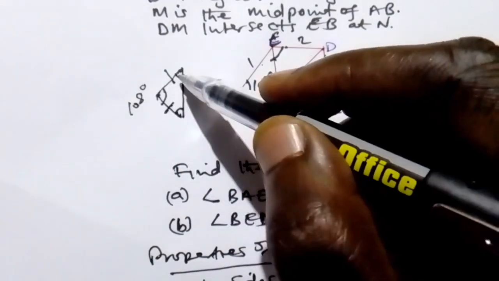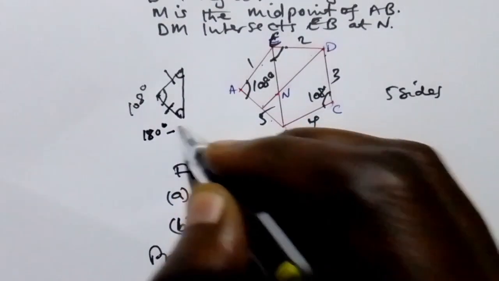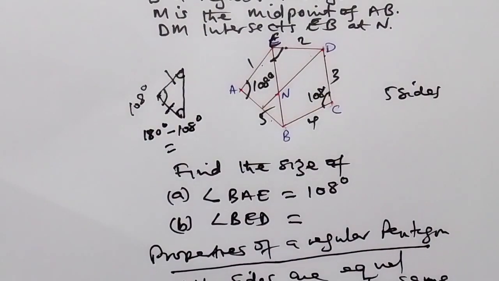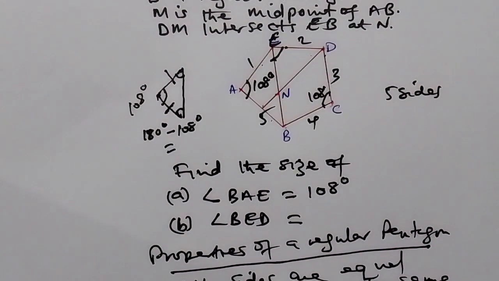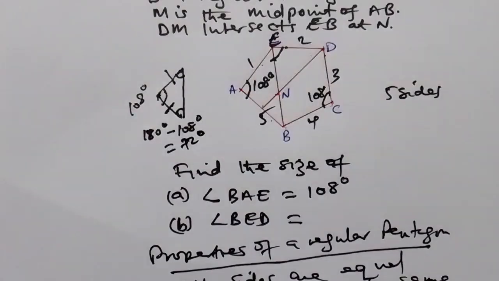So we can get the two angles by 180 degrees minus 108 degrees, and that is giving us 72 degrees.